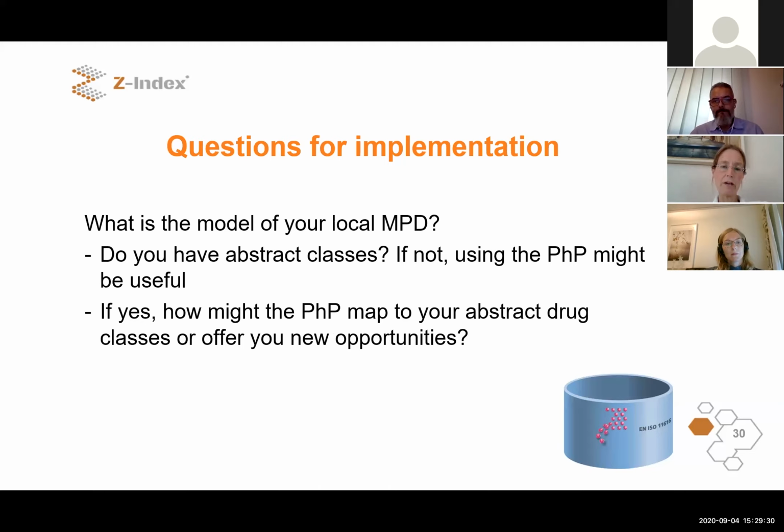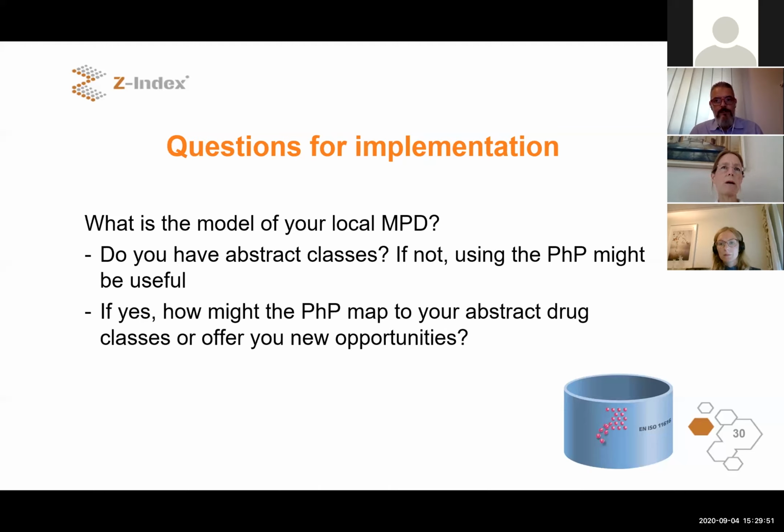If you don't have abstract levels, maybe you can just use the PhP as it is on top of your medicinal product identifier. But if you have a backbone, how might the PhP map to your existing backbone?